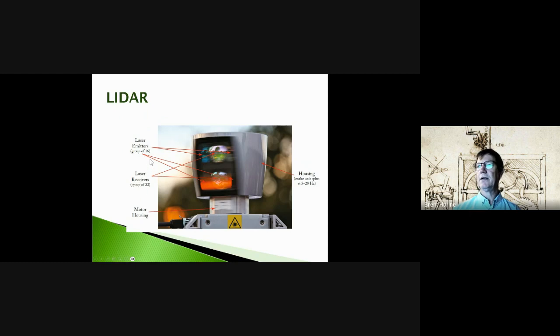And then we've got receivers, electronics that are sensitive to that laser light at that wavelength, in these groups. We've got arrays here so we can discern this two-dimensional type of imaging, and then when we spin it, we can extend that all around us.